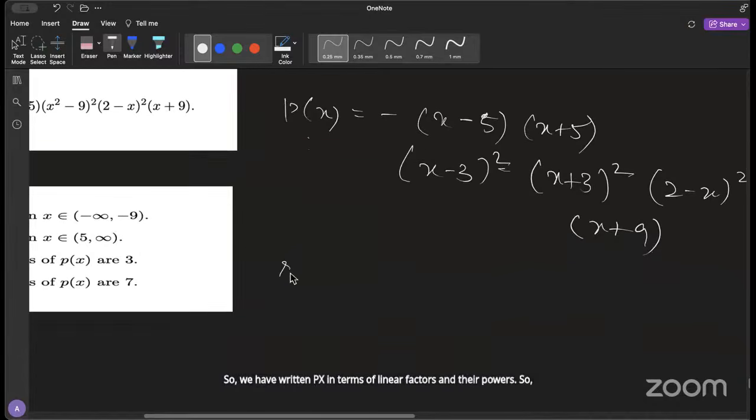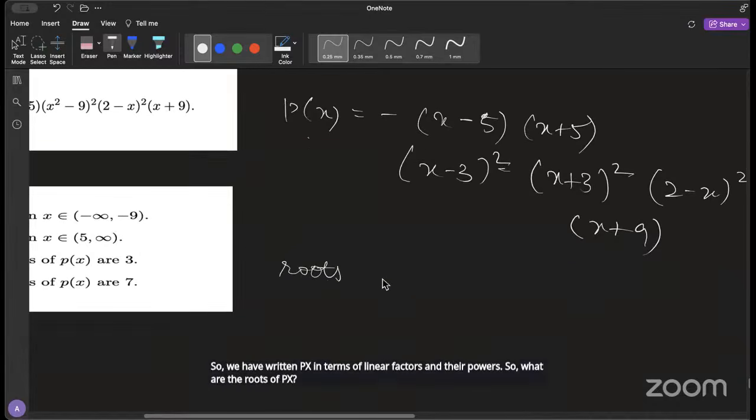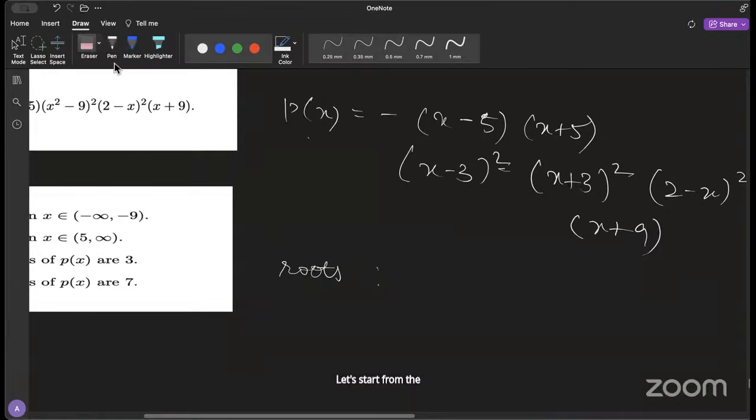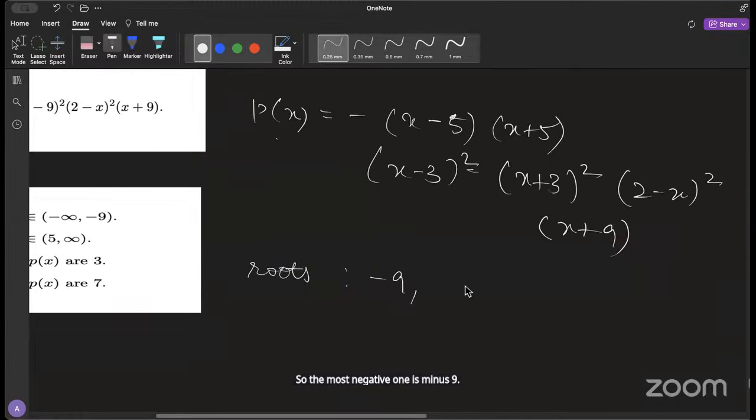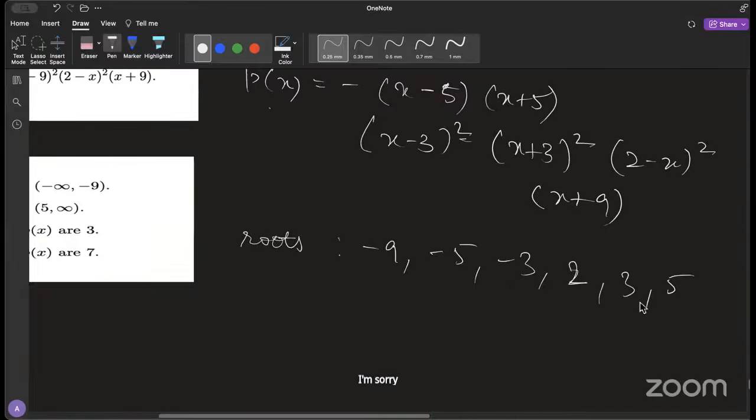So what are the roots of p of x? Let's start from the negative side. The most negative one is minus 9. Then we have minus 5, minus 3, then 2, 3, and 5. These are the roots.